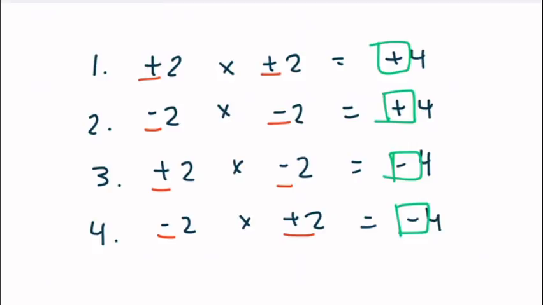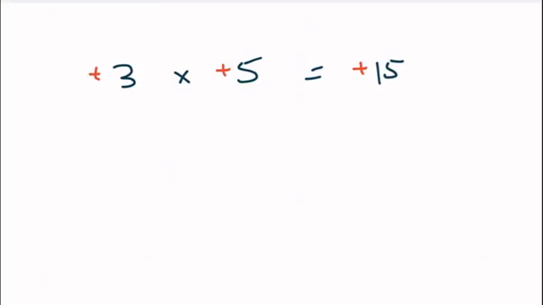So let's try out a few examples. Let's do 3 times 5. So we all know that 3 times 5 is 15. And when we're usually doing regular math, you don't need to put the positive signs. But for the sake of learning the concept, I'm just going to put a plus sign in front of each of the numbers.